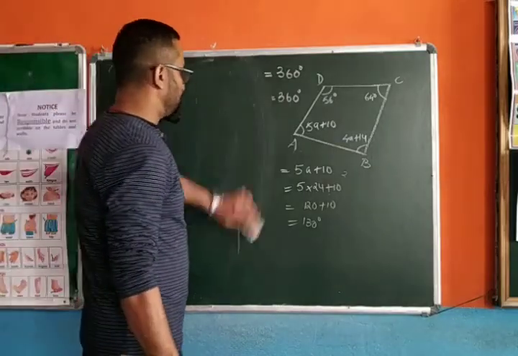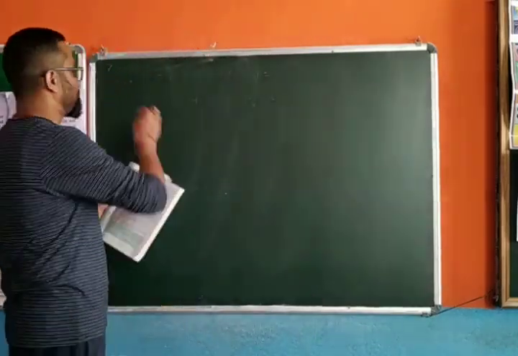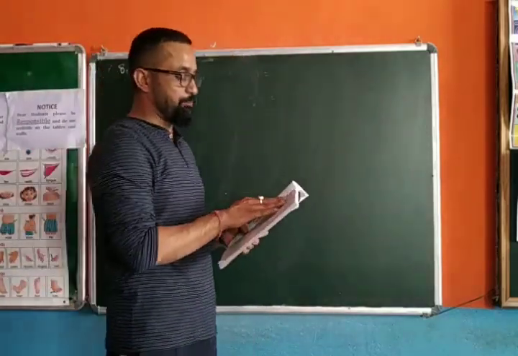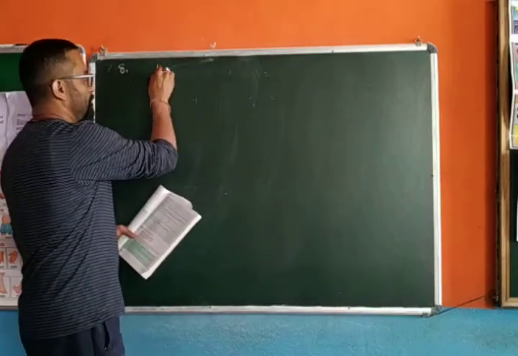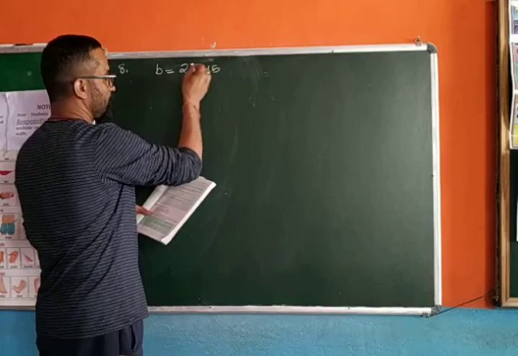Look at question number 8. The question tells you that in the given figure, B is known, the value of B is equal to 2A plus 15.